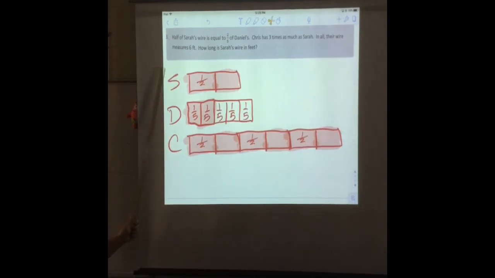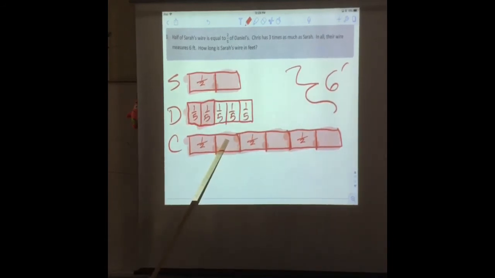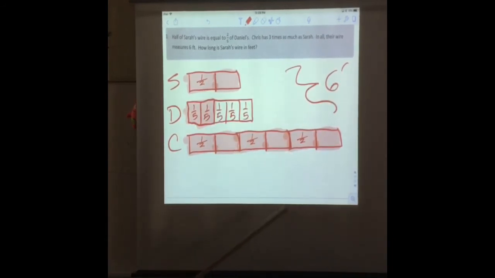What's going to be our unit for this? Well, all of it, it says, is equal to 6 feet. All of this together is 6 feet, right? But what's our unit number for this?